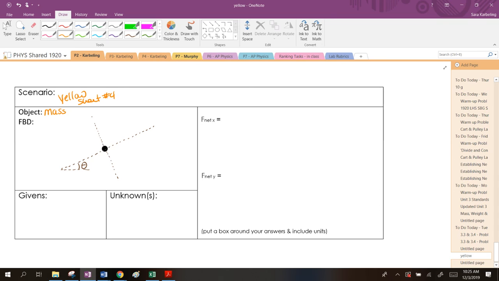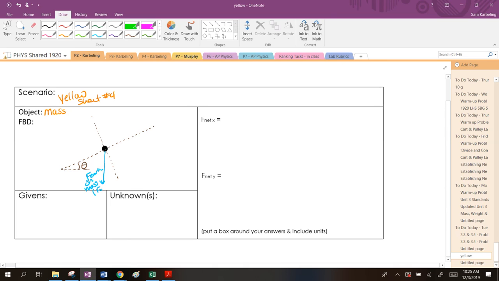Force of gravity, the force of the Earth acting on it, right? Which way does that go? This is the most important part, friends. Straight down. And by that we mean not along this dotted line, but straight down towards the center of the Earth. So that one's going to go like this, straight down. This is the force of the Earth on the mass.